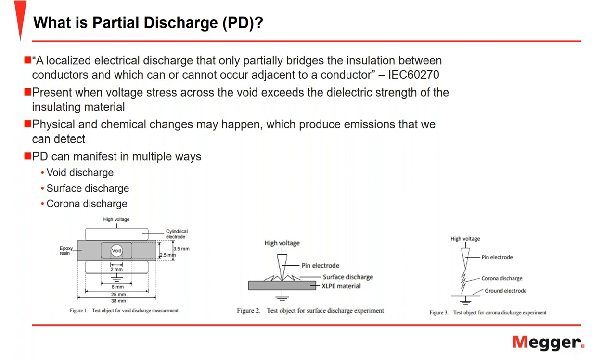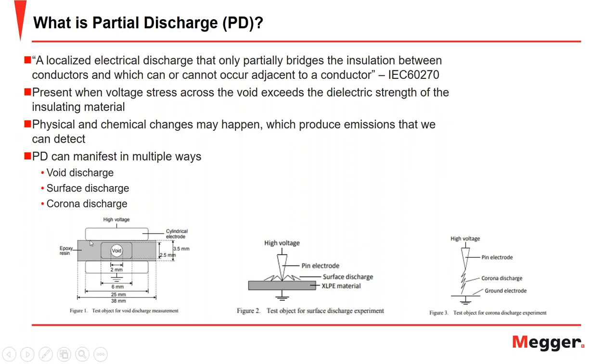Here we have 3 primary examples, the first being void discharge. If we take a look at this leftmost figure, you see the solid insulation that has a void in it. The solid insulation has its own dielectric strength, while the void that's filled with air has a separate dielectric strength. It's typically going to be lower than the insulating material around it.